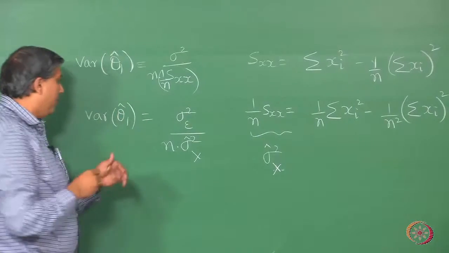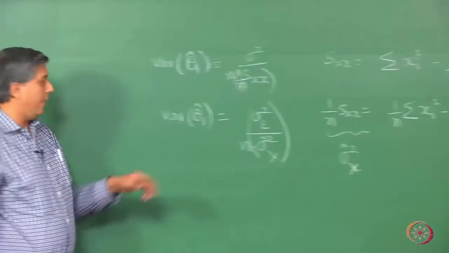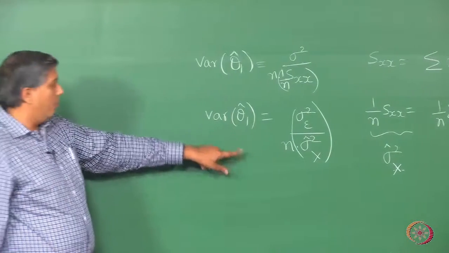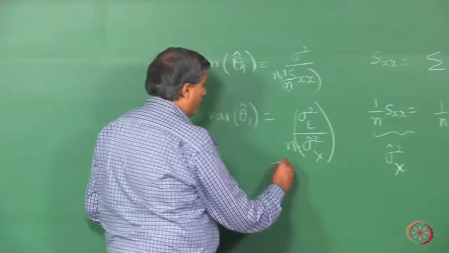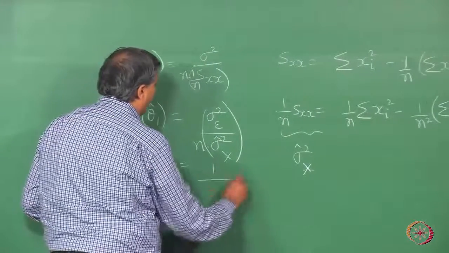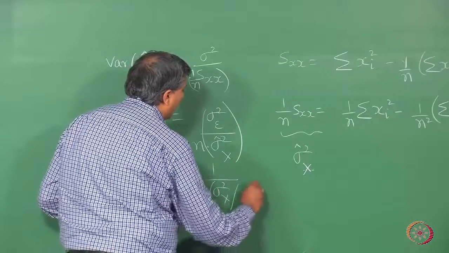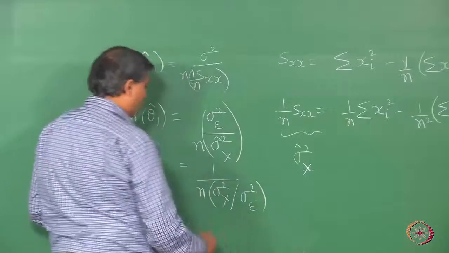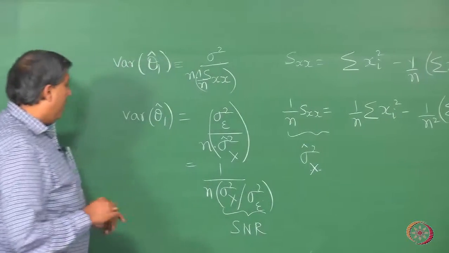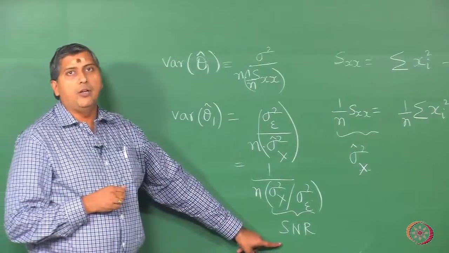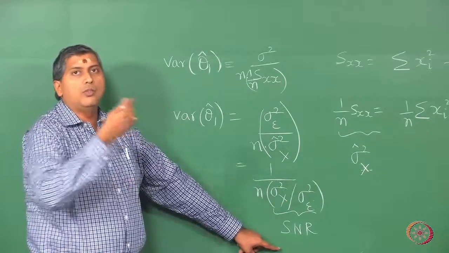Now, it is clear as to what factors really affect the variance in theta 1 hat. One is the sample size and the other is the signal to noise ratio, or the noise, whichever way you look. This is called the signal to noise ratio. The signal to noise ratio is a measure of the truth to the uncertainty.